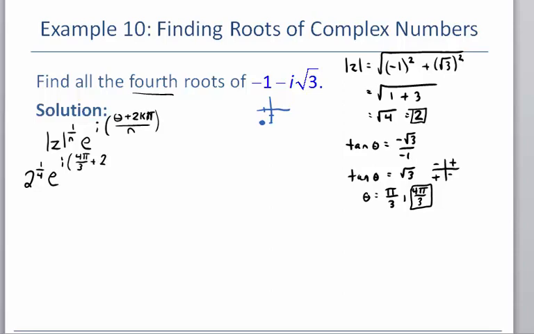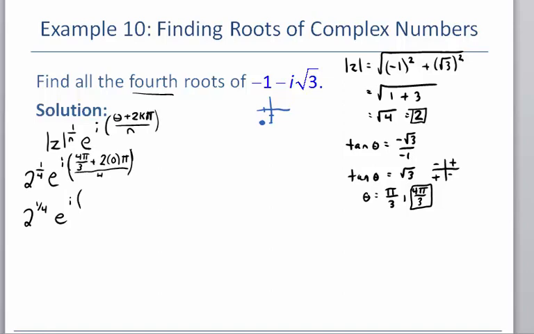We're going to add 2 pi k. The k starts with 0. And we're going to divide by 4. All right, so 2 to the 1/4 I'm going to leave alone for right now. And I'm going to go inside this parenthesis and simplify.